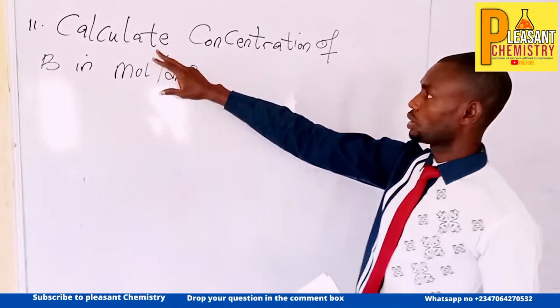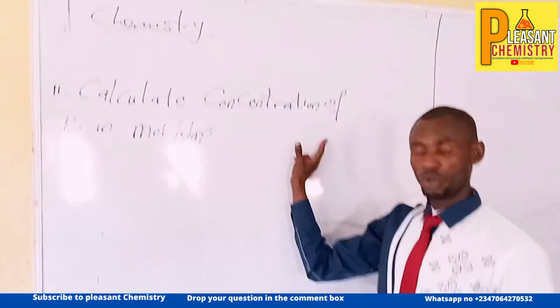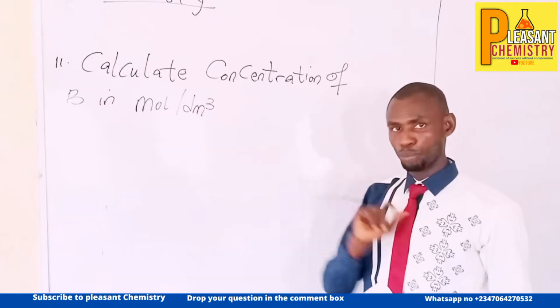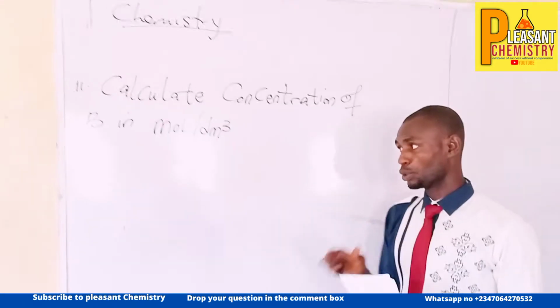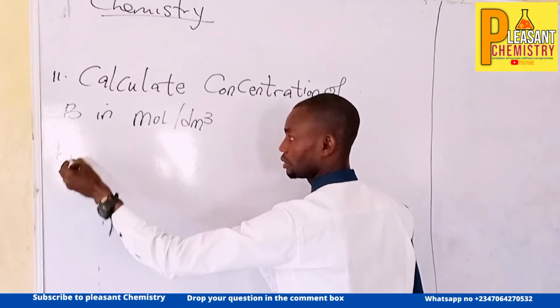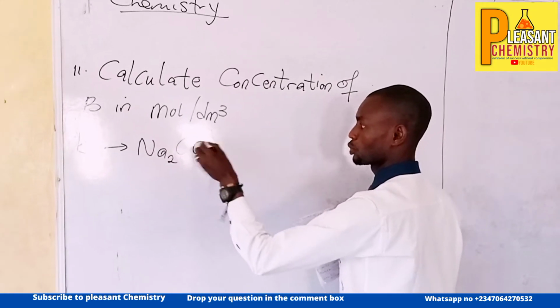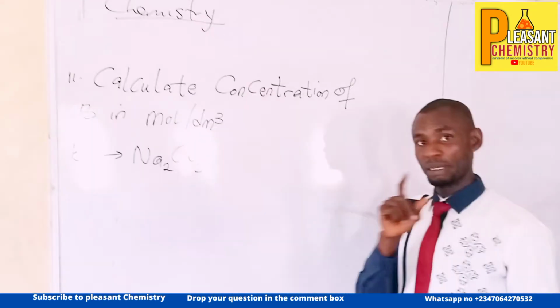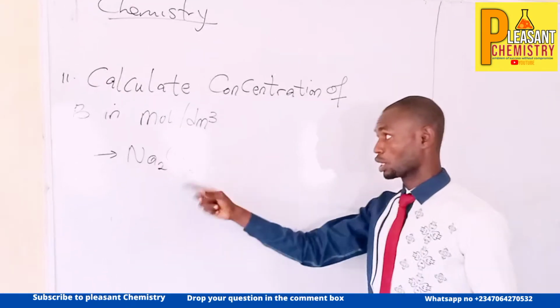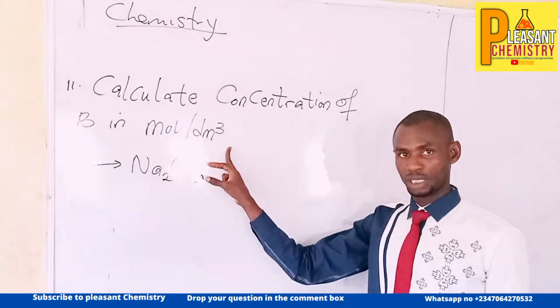So the next question asks us to calculate concentration of B in mole per dm cube. Take note that our B is sodium carbonate, Na2CO3. You remember that there are two formulas we can use to calculate molar concentration.